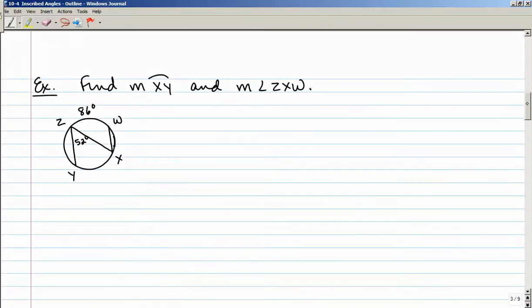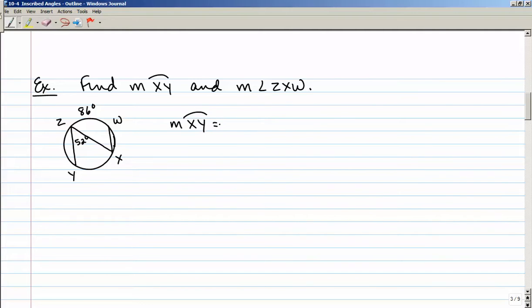So let's take a look at this example. Find the measure of arc XY, so that's out here, and the measure of angle ZXW. So the measure of arc XY is going to be 2 times the measure of the angle that creates it.